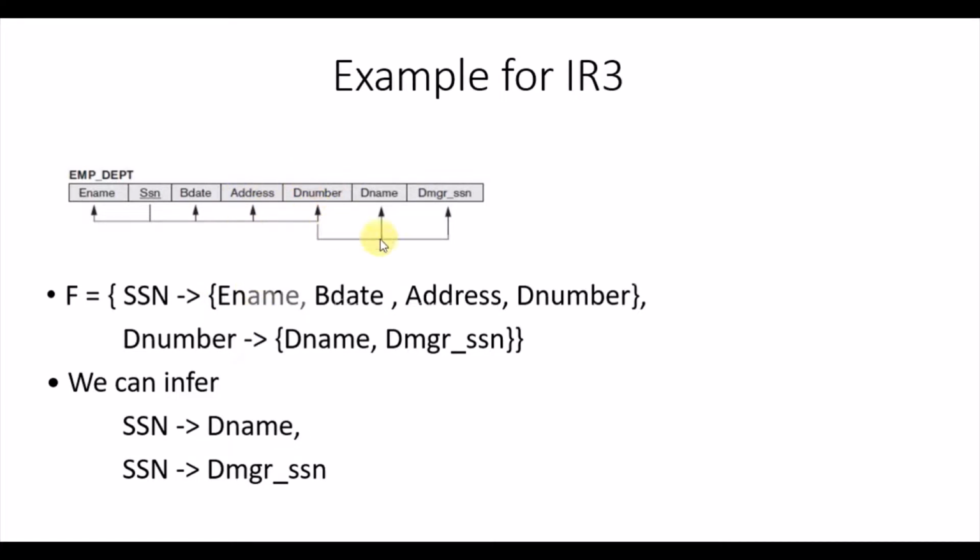We can say that the inference rules one to three are sound and complete. So what is meant by sound? Inference rules 1, 2 and 3 are sound.